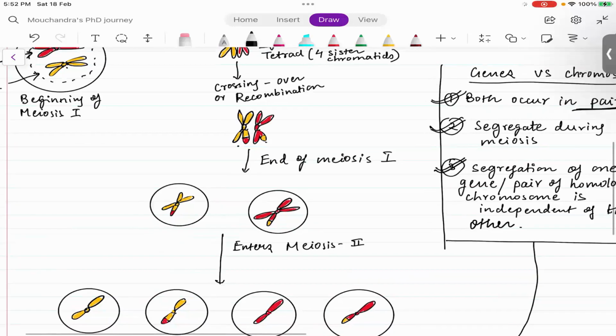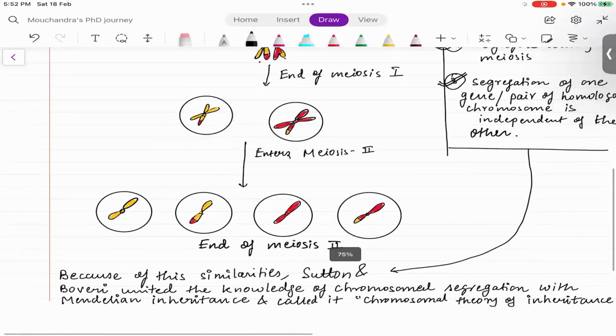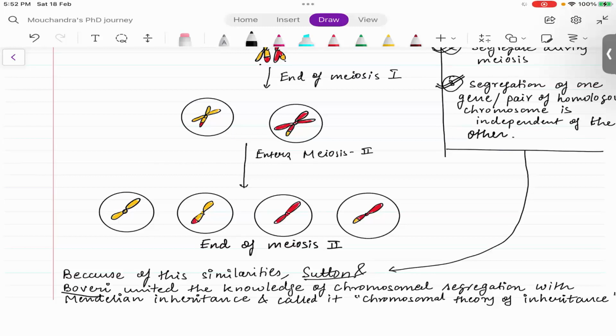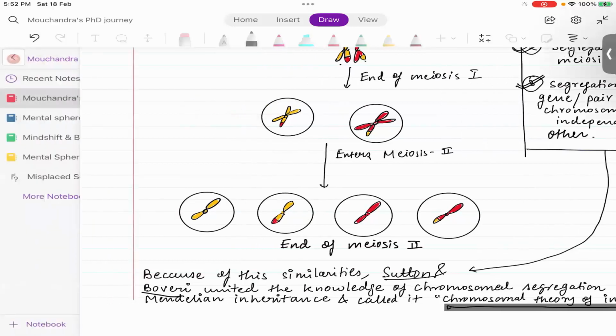Because of these similarities, Sutton and Boveri proposed what is called the chromosomal theory of inheritance. This theory united the knowledge of chromosome behavior, how chromosomes segregate and pair, with the knowledge of Mendel. They combined these two concepts under one umbrella theory.